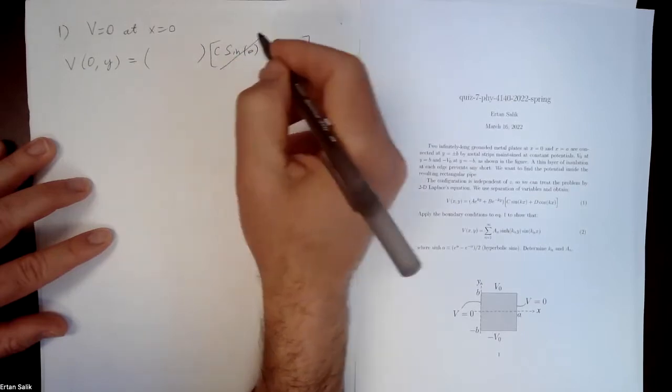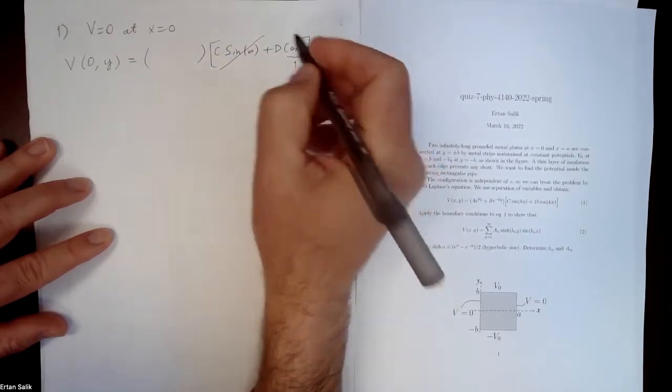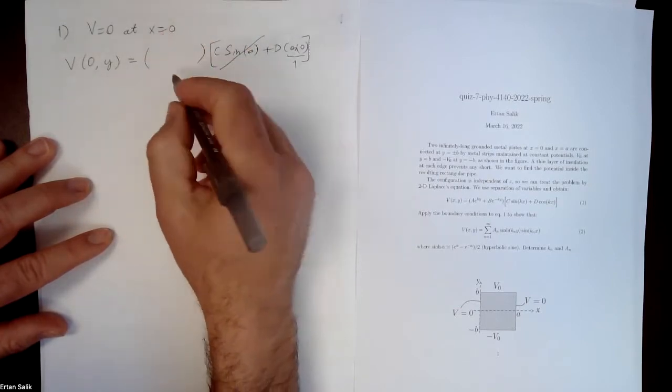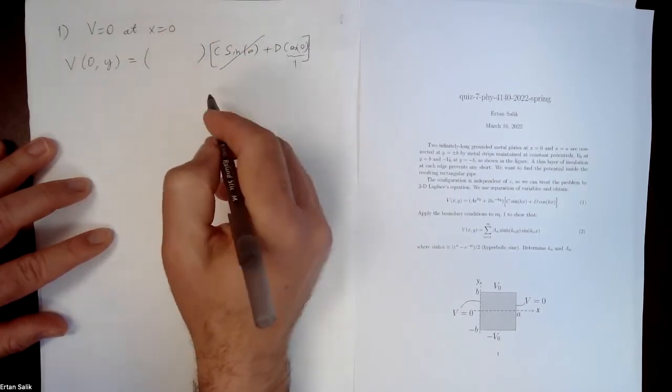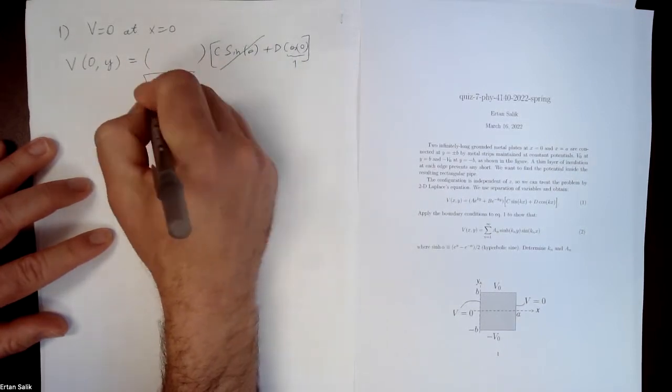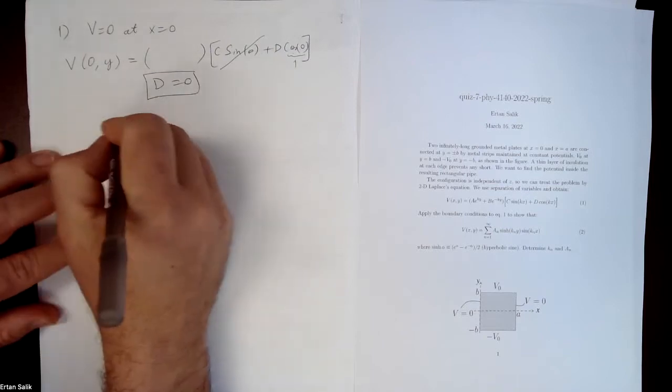Now this is going to go away. This is 1. So what this tells us, given that the y part is in general non-zero, is that D must be equal to 0. So that's the first one.